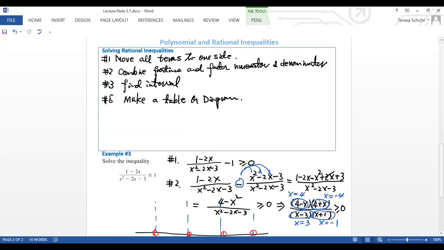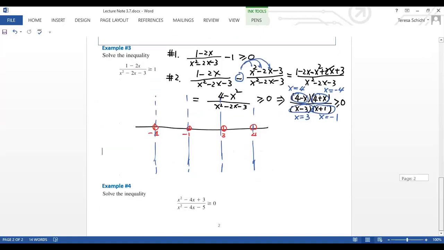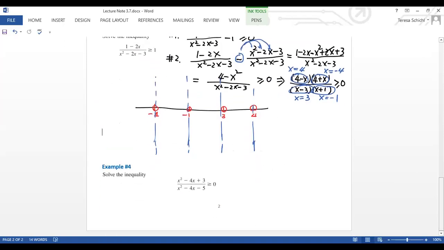Okay, so this is our game again. So I like this positive, negative again. So you list all the factors. So I have 4 minus x, 4 plus x, x minus 3, x plus 1.